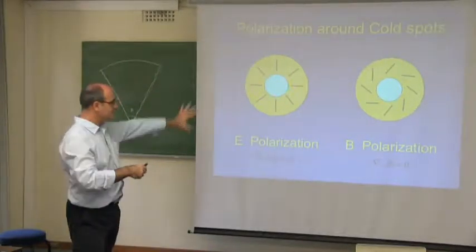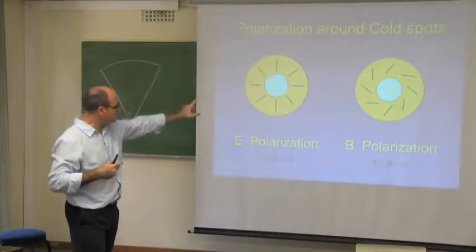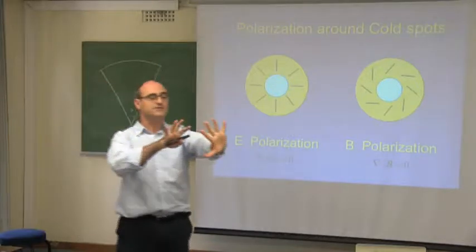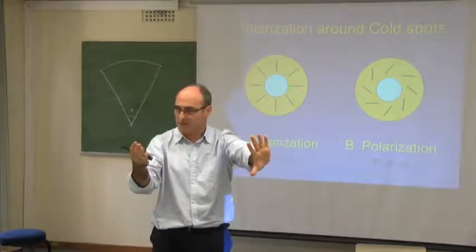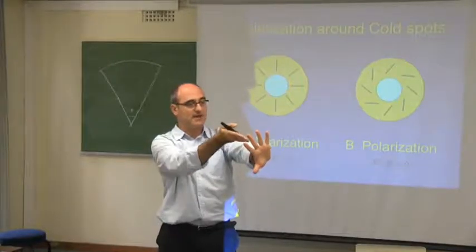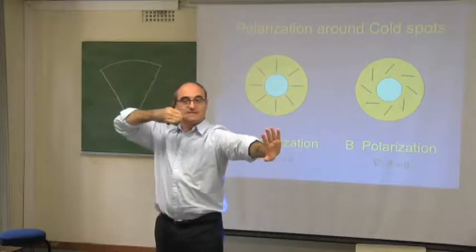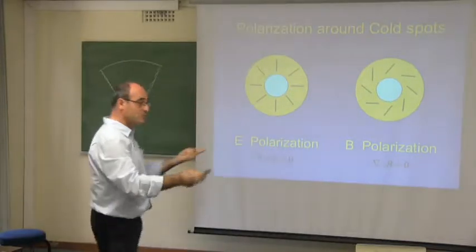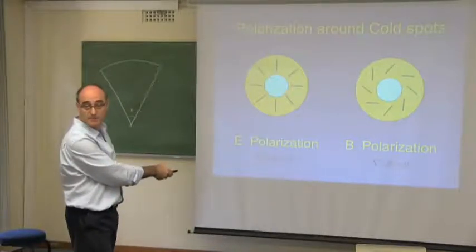This is assuming that nothing happened between the last scattering surface and us. But if for some reason something intervened between you and the last scattering surface, which induces shear, matter we know induces shear, then the plane of polarization is not going to go straight to you, it's going to be twisted. And it might induce on its way, through lensing, a change from the E mode polarization into the B mode polarization.